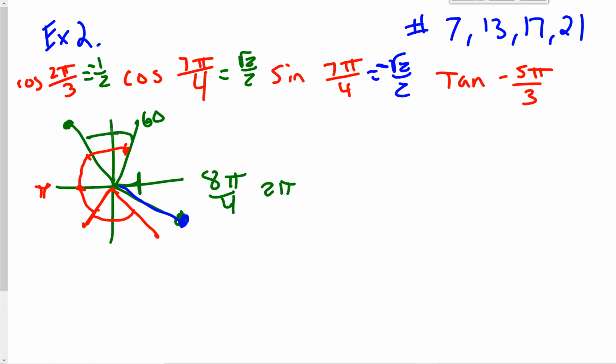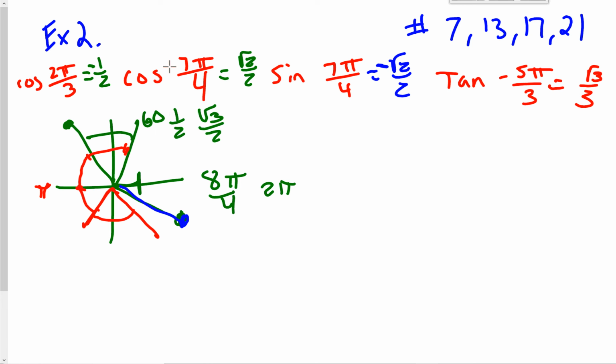My reference angle is 60, and tangent of a 60 is a little more complicated. It's a 60, so it's 1/2, comma, root 3 over 2.